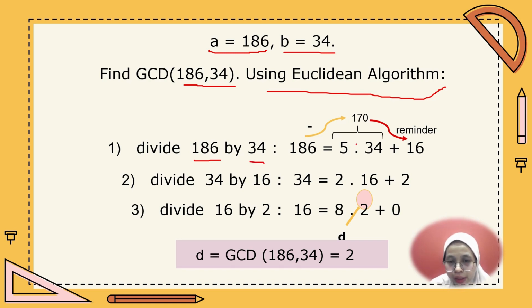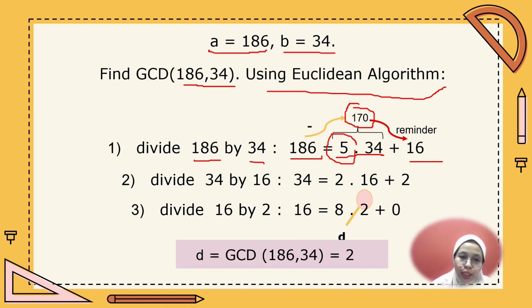You get 5. After that, multiply 5 by 34 and you get 170. Then you minus: 186 minus 170, you get remainder 16.